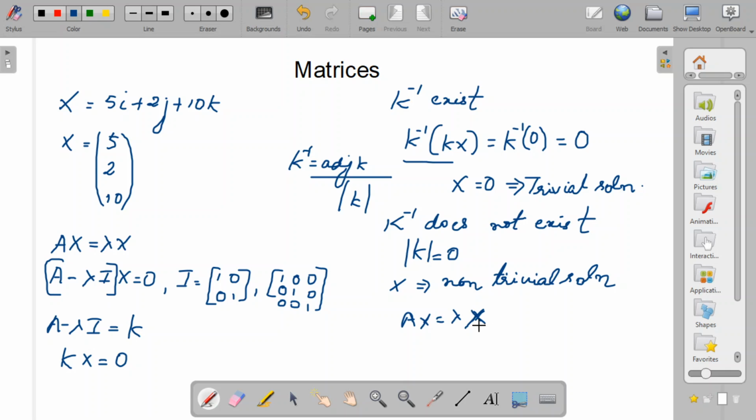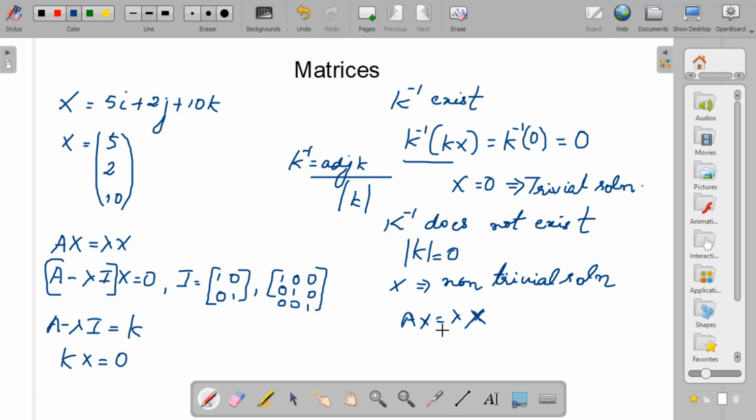Now, the value of lambda for which we get a non-zero solution of x, that is, a solution other than 0, then I can say that lambda is the eigenvalue of the matrix A.